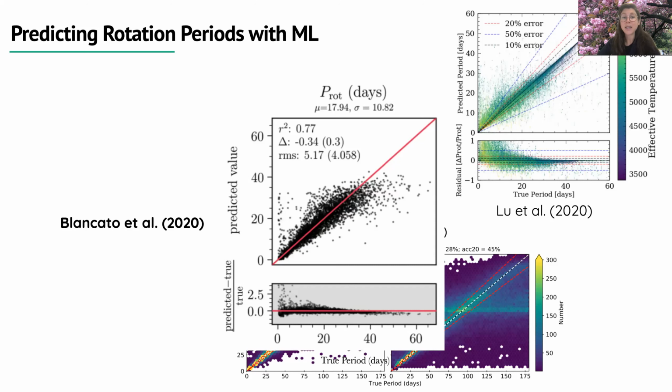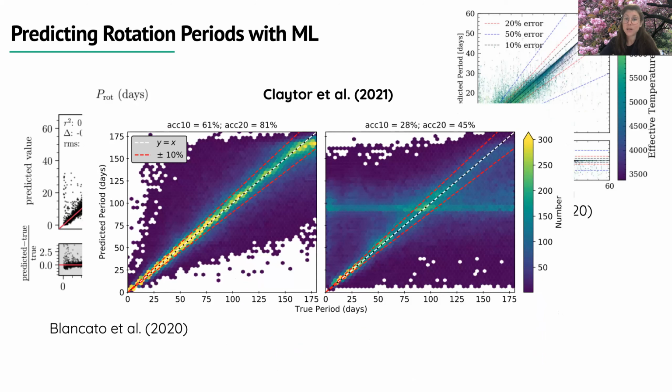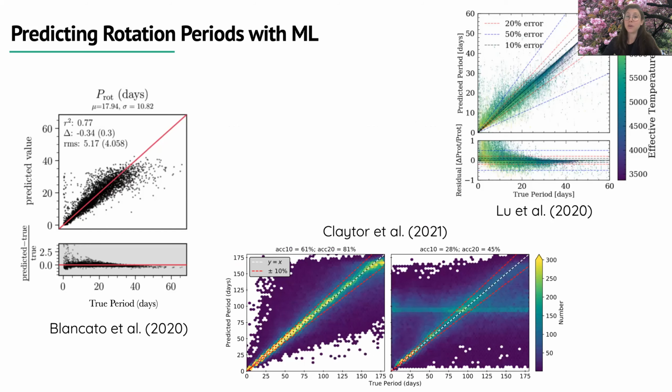Zach Claytor also has a neural network-based method that is designed to predict the rotation periods of stars from their TESS light curves. These methods are trained on simulated data or Kepler data and learn what light curves look like in a 27-day sector when a star is rotating more slowly than 27 days, has a period longer than 27 days.